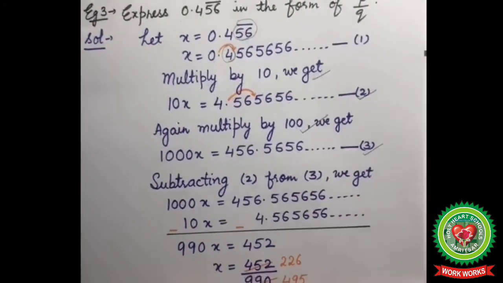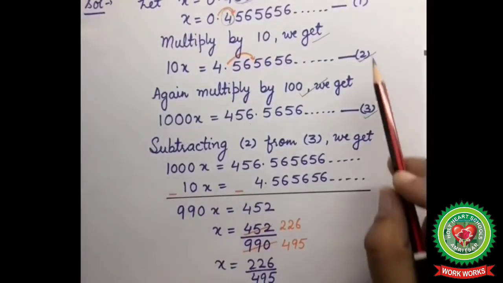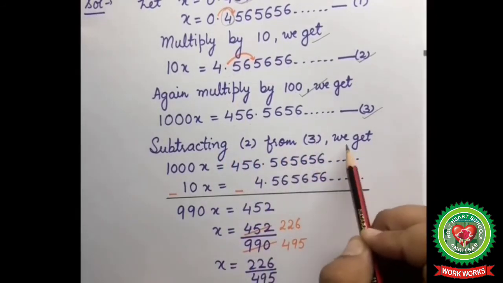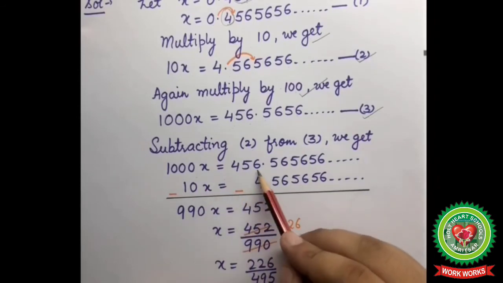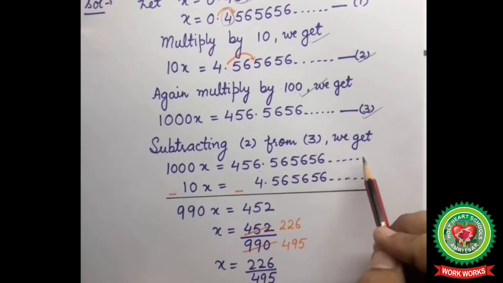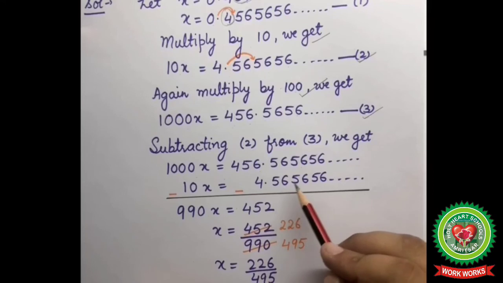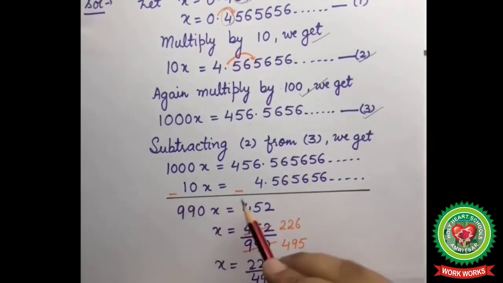Now we have to subtract the last two equations that we have got, and those are equation number 2 and 3. So subtracting 2 from 3, we get 1000x is equal to 456.565656 so on. 10x is equal to 4.565656 so on. So now we are going to subtract them.